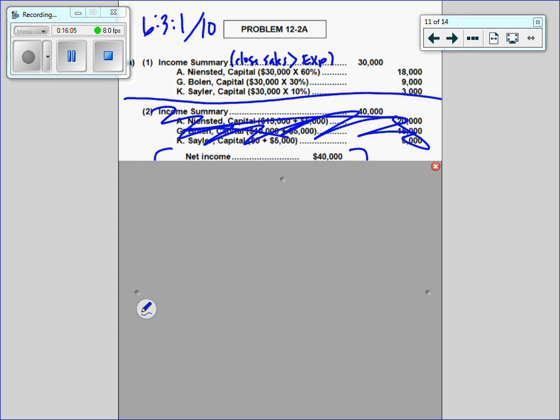Unlike independent scenario number 1, they're not sharing that with the 6:3:1 ratio split. They're actually sharing whatever is left after we chop up that net income. In other words, pay salaries, then they'll share it equally this time.